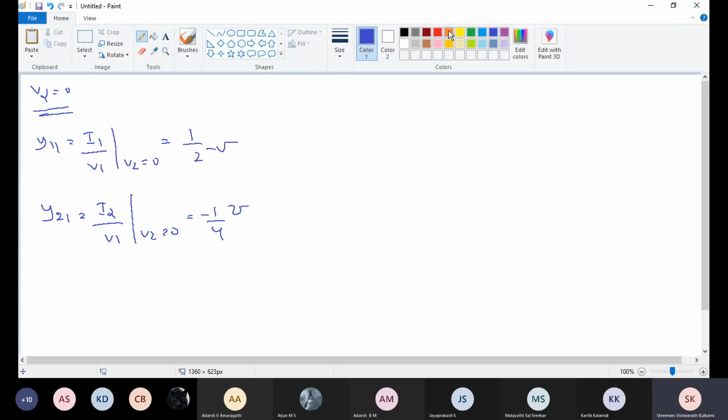Still some students are not getting how I am writing this. Simple, see, I am writing I1 equal to Y11 V1 plus Y12 V2. In this equation, V2 equal to 0, so this term will get cancelled. Then Y11 equals I1 by V1, where V2 equal to 0. This is my first case.